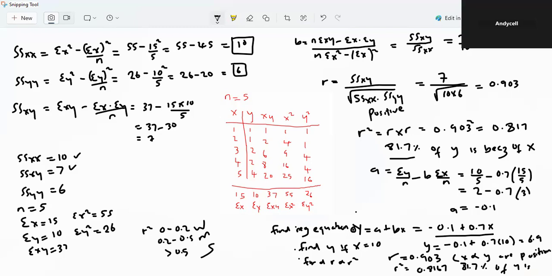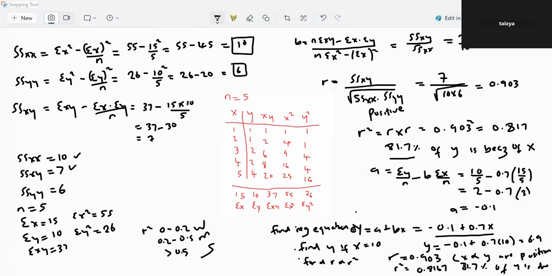Collins, what's the benchmark for coefficient of correlation in terms of determining whether it's weak, moderate, or strong? I was just giving you the ranges for the coefficient of determination for exam purposes.